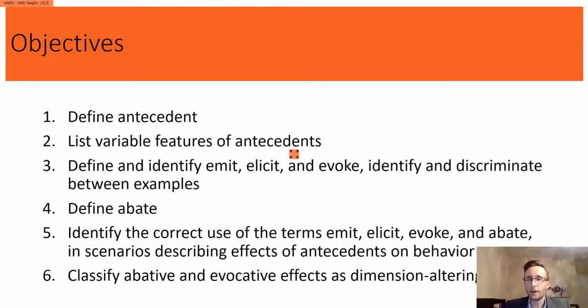Then you'll define abate, and then you'll identify the correct use of the terms emit, elicit, evoke, and abate in scenarios describing the effects of antecedents on behavior. Lastly, you'll classify abative and evocative effects as dimension-altering effects.